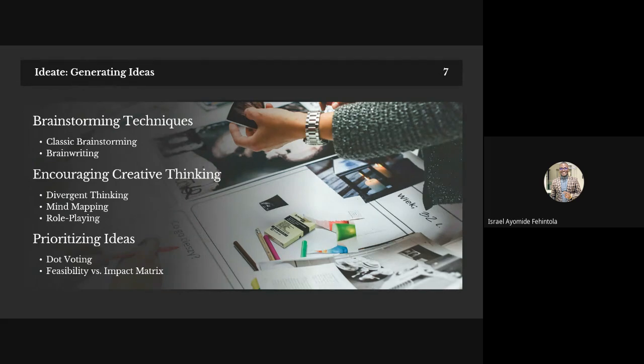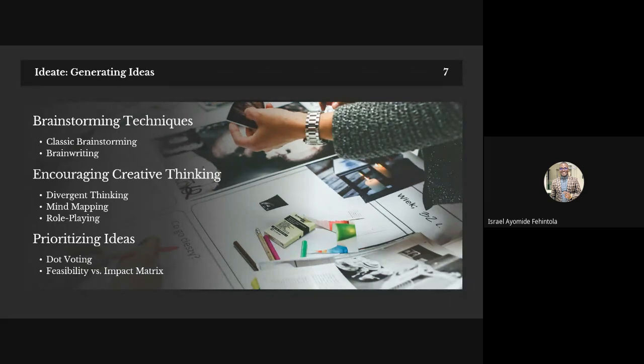So another is the feasibility versus impact matrix. You can draw a graph, put your feasibility on the horizontal axis, impact on the vertical axis. Then you start putting the ideas, which have low feasibility, high impact, or high feasibility, high impact, or low feasibility, low impact. You arrange them like that, and you're able to select which one you should go for.